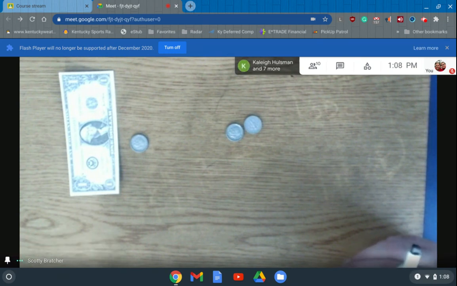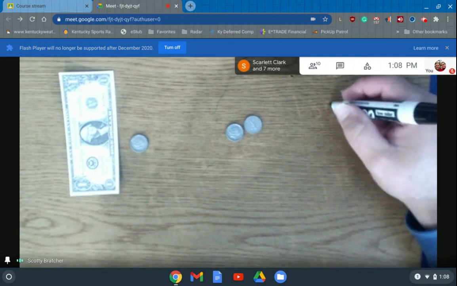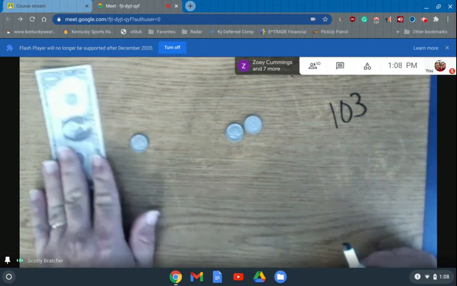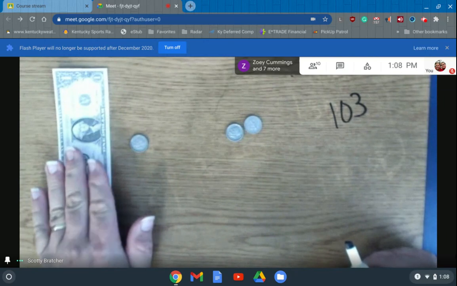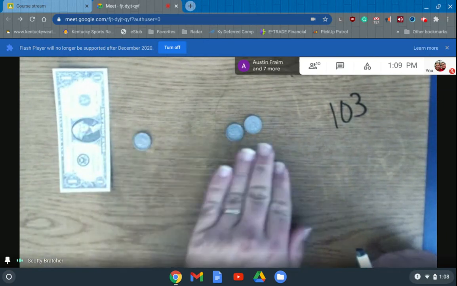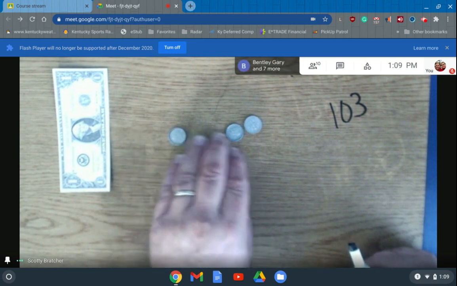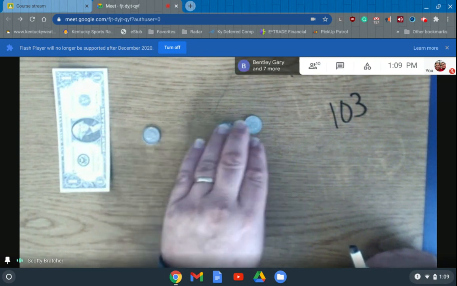All right, Gracie, tell me your thinking, and maybe it'll jog her memory. 103. You're thinking 103. So, what are you thinking about? You're thinking this is 100, and then you got 1, 2, 3 more. Okay, but are these pennies or are they dimes?